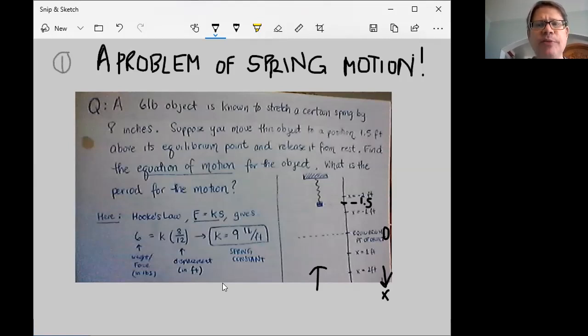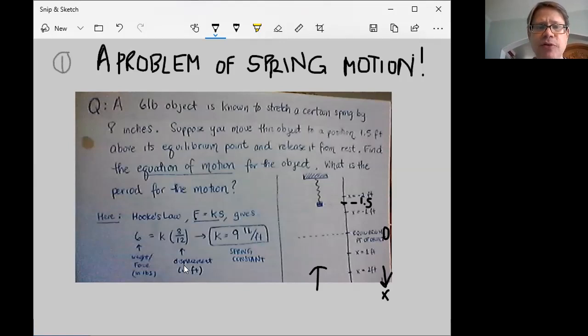If we're going to solve this problem, we need to know what that constant of proportionality is for the spring in our system. Here we were told that 6 pounds, which is the force, displaces the object 8 inches. In our English system, we usually use feet as our common unit of measurement. So 8 inches would be 8/12 or 2/3 of a foot.